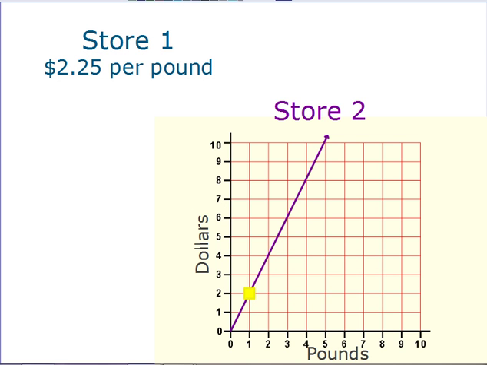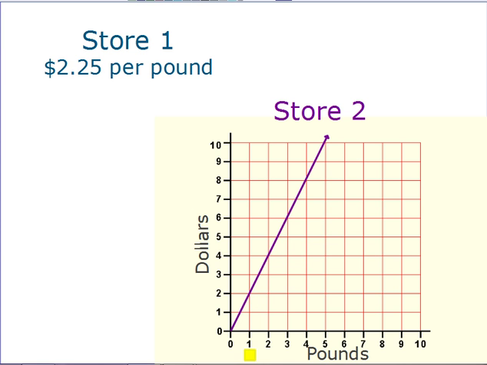But what if it's not quite as easy to see? Right here we don't have two unit rates to be able to find our difference. So store 1, $2.25 per pound. That's easy and obvious to see. Store 2, I'm going to find my unit rate.